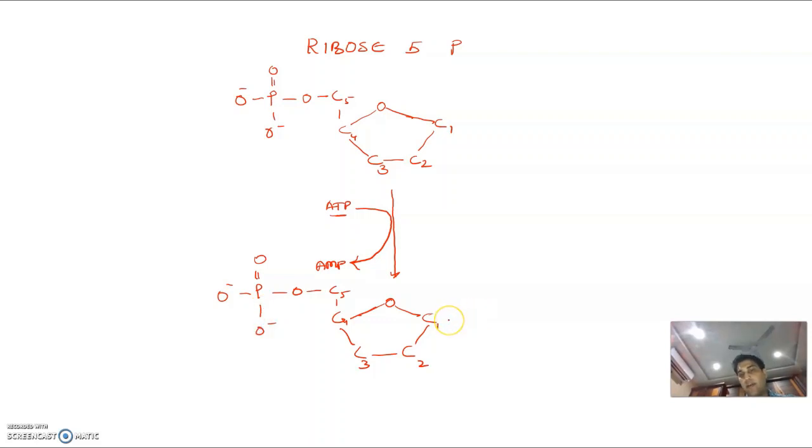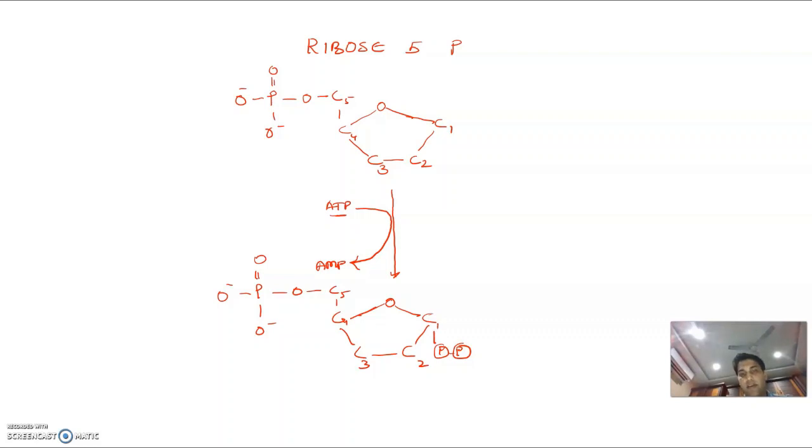Now the two phosphates that have been taken from the ATP go into the alpha configuration on C1 and form pyrophosphate.